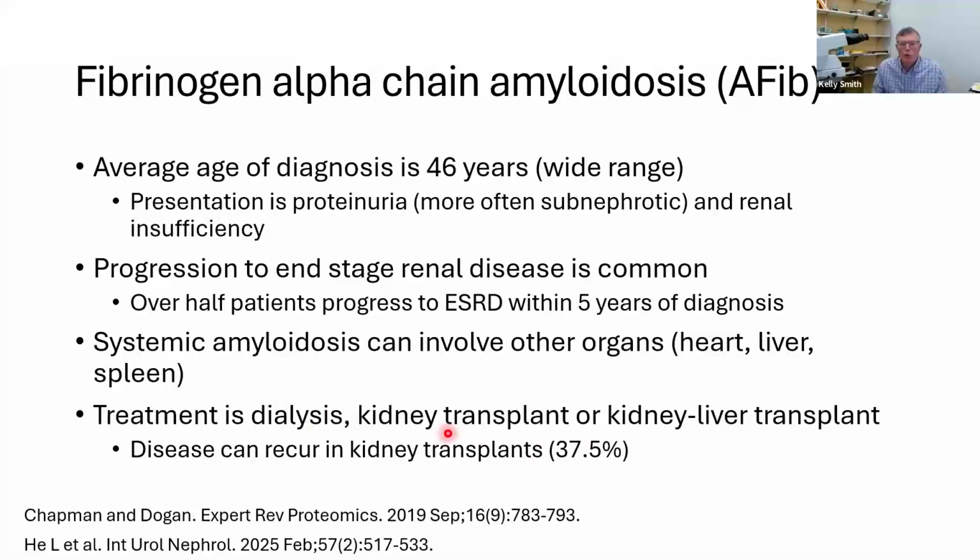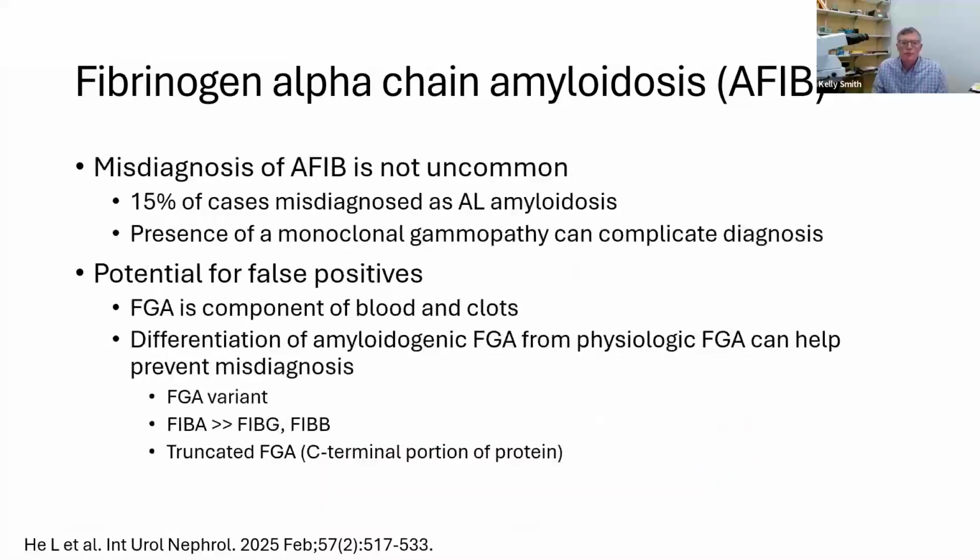There's no way to prevent the disease from leading to end-stage disease, but you use dialysis or transplantation to treat it. Misdiagnosis is not uncommon. 15% of the cases are misdiagnosed as AL amyloidosis. And as I indicated, the presence of a monoclonal gammopathy can complicate that and lead to false positives.